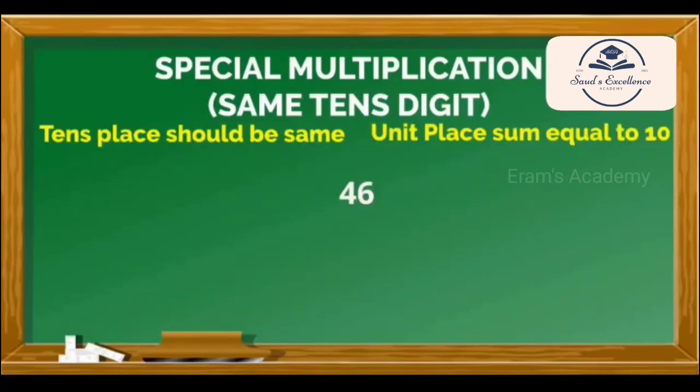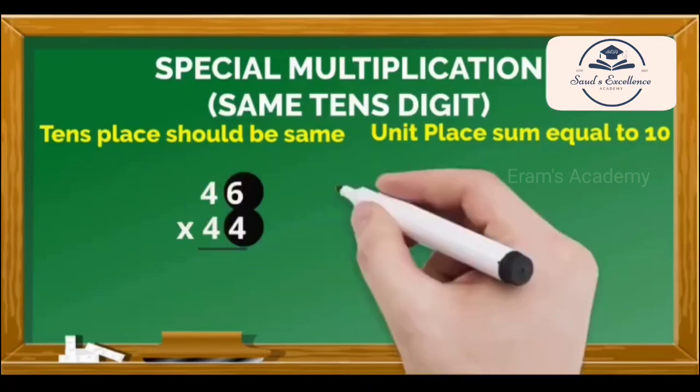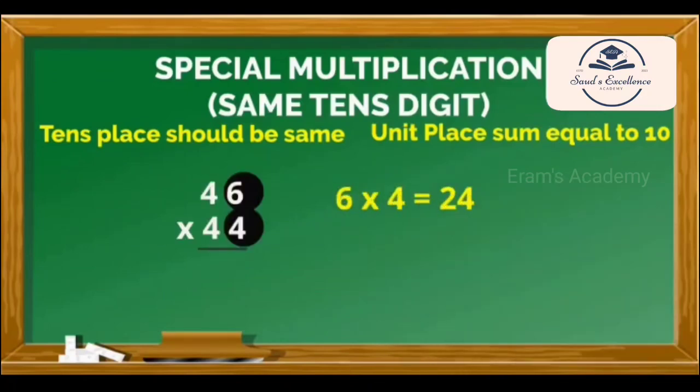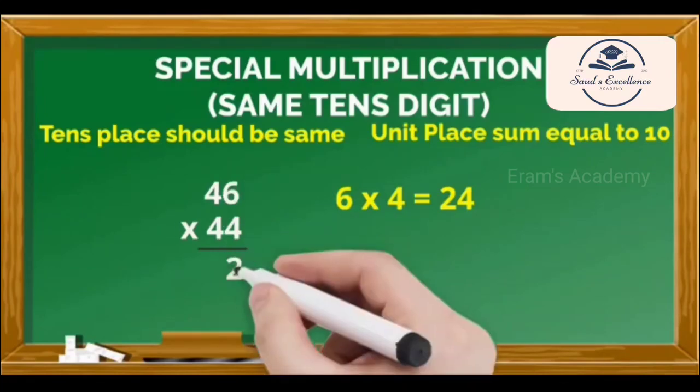Let's start with an example like 46 into 44. First step, we multiply the unit digit numbers: 6 into 4 equals 24. We write 24.